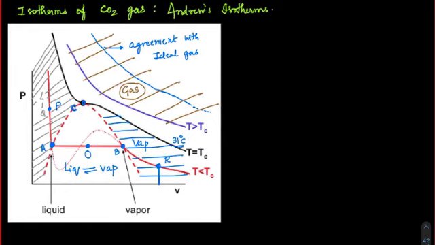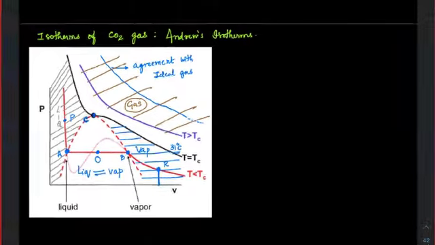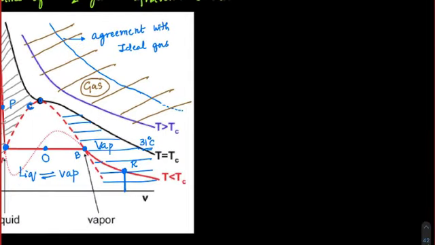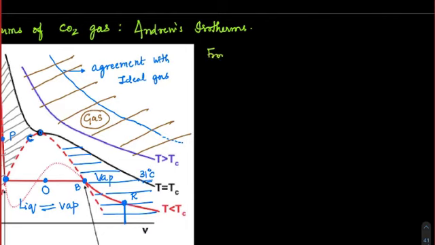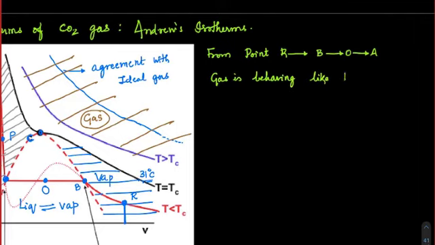Okay. So what I can say from that is, suppose from point R towards B, towards O, and towards A, if you check this out, the gas is behaving like real gas, right?